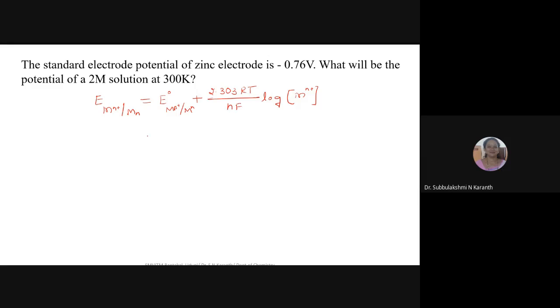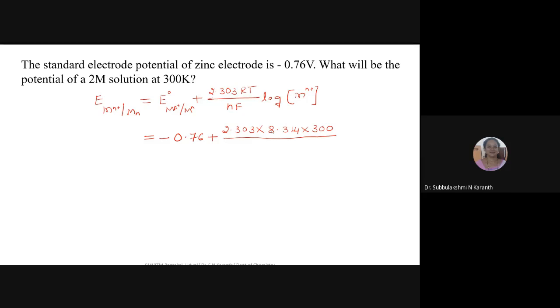I'll substitute known things: the standard electrode potential minus 0.76 plus 2.303 into R, which is 8.314, into temperature 300, divided by n, the number of electrons.